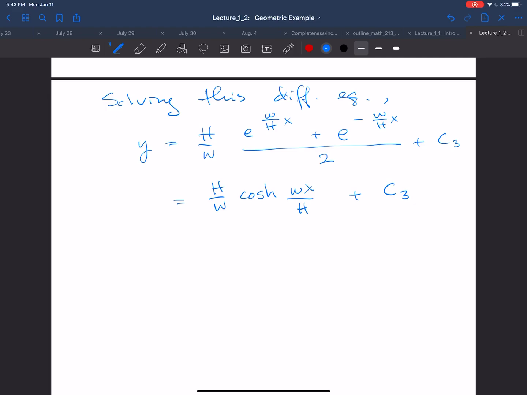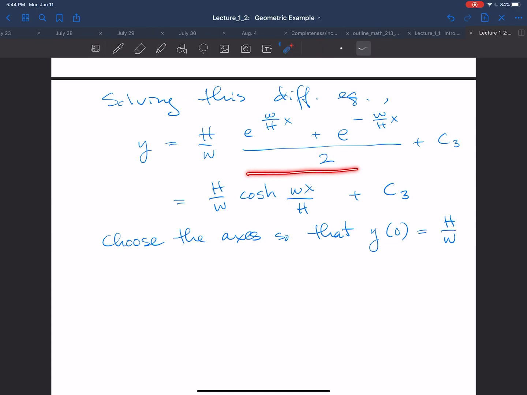Now, we can simplify this expression a bit if we like. We can just choose our coordinate system so that the height of the cable at x equals 0 is h over w. Then that means that C3 will be 0 because this cosh works out to be 1, as you can see from the expression in terms of exponentials.